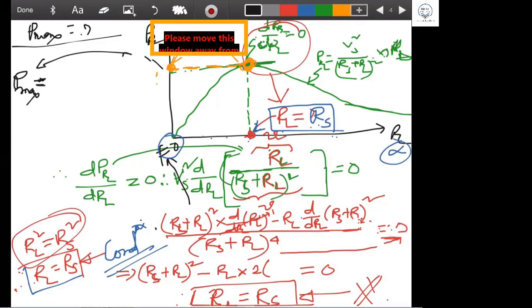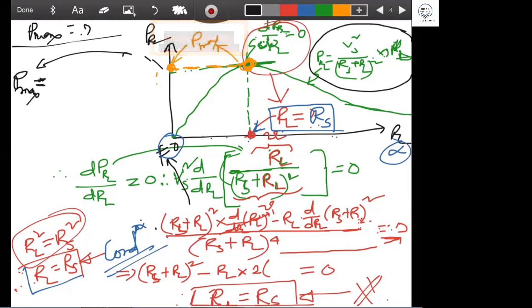Okay, you can find the maximum power, because at maximum power, look at it. Can you see this equation, the power equation, the black circle?